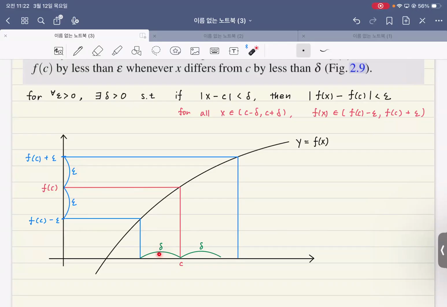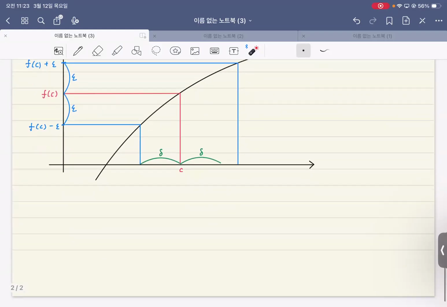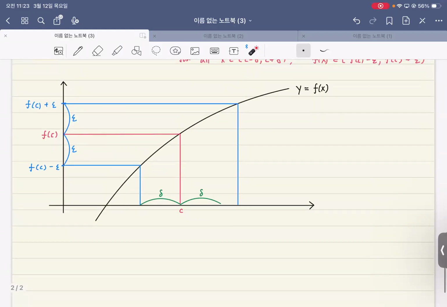So therefore, I can say, for this epsilon, this one is my delta. So I was able to find one delta, right? Well, in principle, any positive number less than this can also be your delta. But for educational purposes, I say this is my delta. Okay. So I could find one delta.